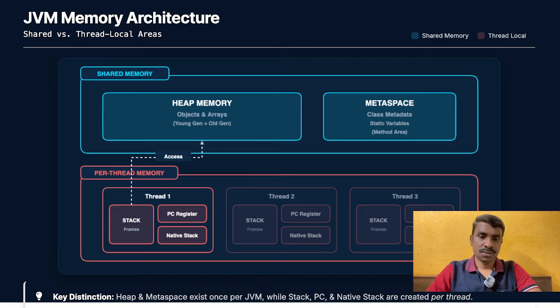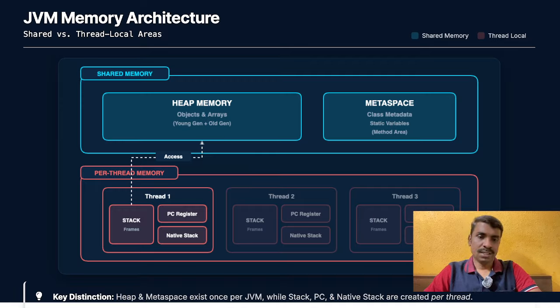Here, the other block is per thread memory. It's a logical grouping only. The stack, PC register, and native stack are not shared. Heap and metaspace are shared across all the threads, but the stack, PC register, and native stack are thread local.